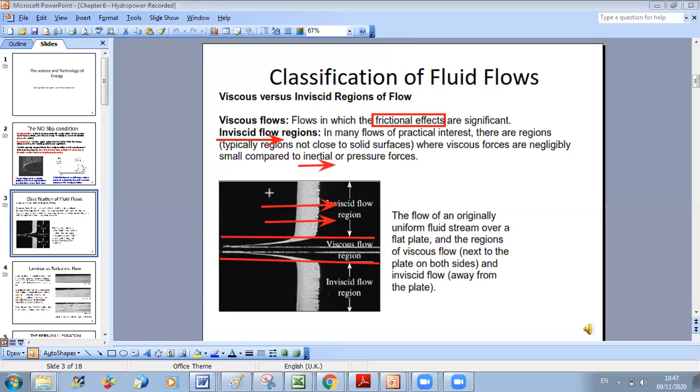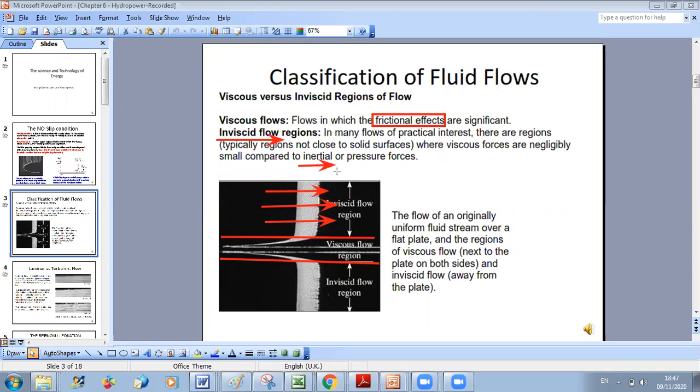This is why very far from the solid, I will neglect any change in velocity, because I am far from the boundary layer, and I can consider that the effect of viscosity is negligible compared to the inertial and pressure forces.